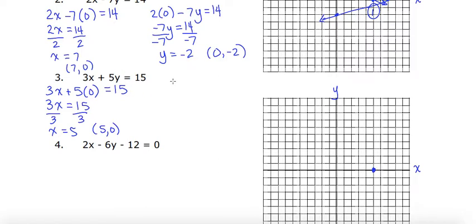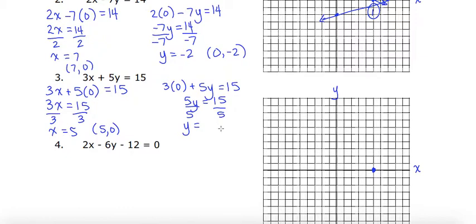And then we're going to do the same thing, except we're going to substitute 0 in for x. So 3 times 0 plus 5y is equal to 15. 3 times 0 is 0, so we're left with 5y is equal to 15. Divide both sides by the coefficient in front of the y. 5 divided by 5 is 1, so we're left with y.